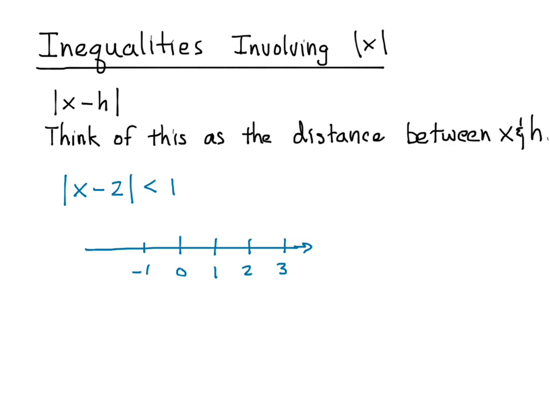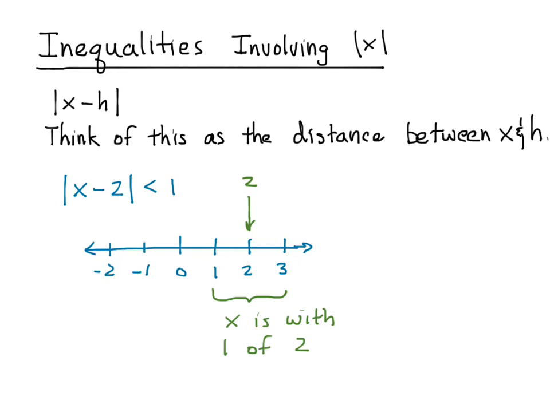Okay, so when we have an inequality, if this is the difference from x to 2, we want it to be less than 1. Hopefully this has a different physical meaning than just that equation up there. X is a certain distance from 2, and it's going to be less than 1.